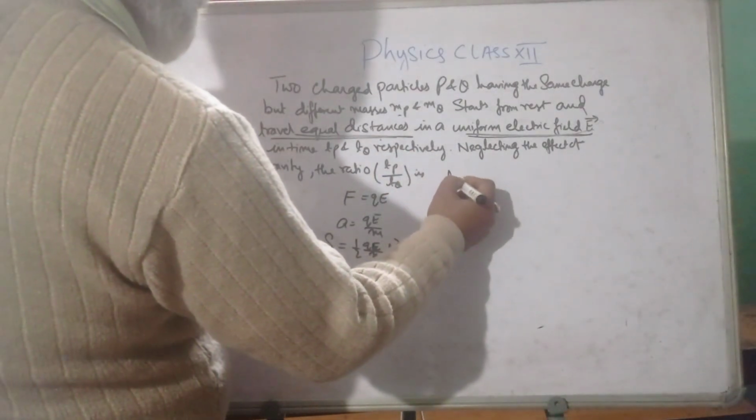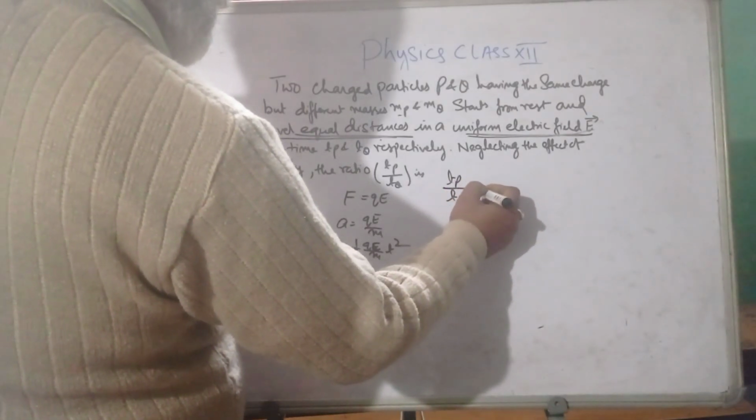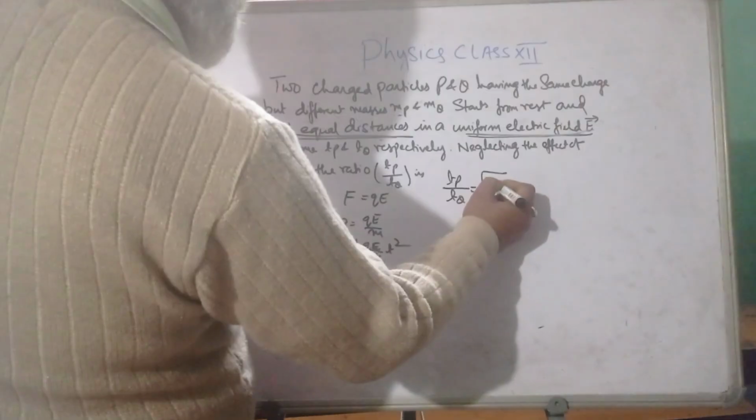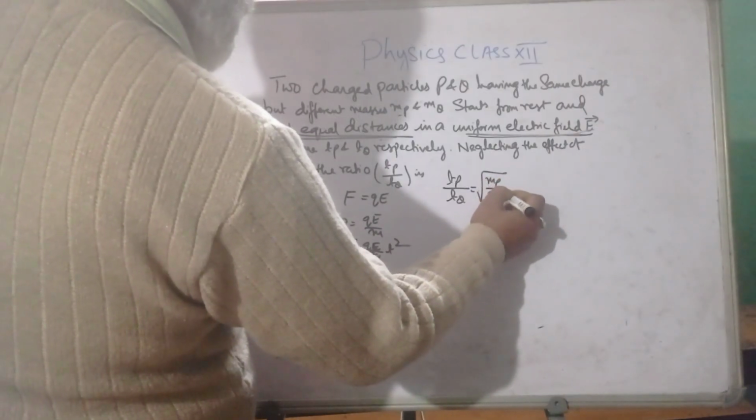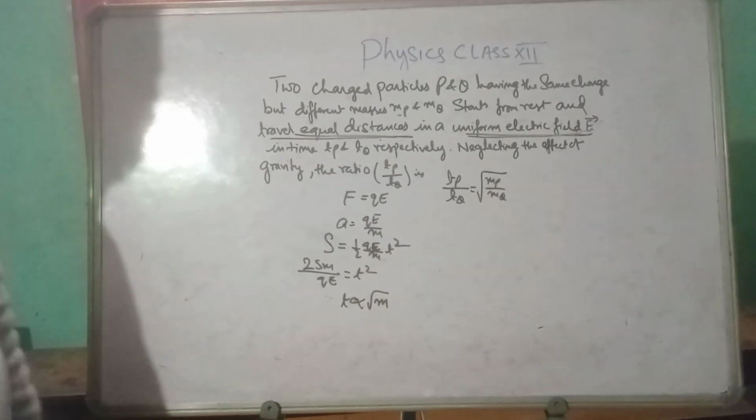So Tp by Tq will be equal to root over Mp by Mq. This will be the relation ratio you are going to get.